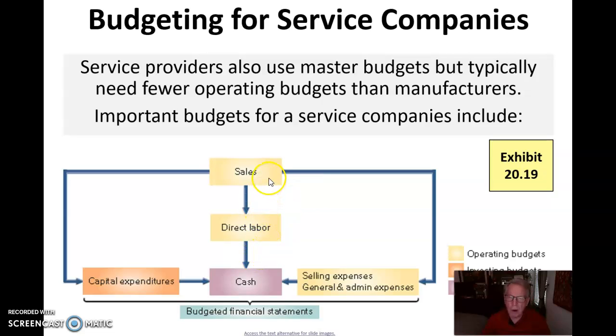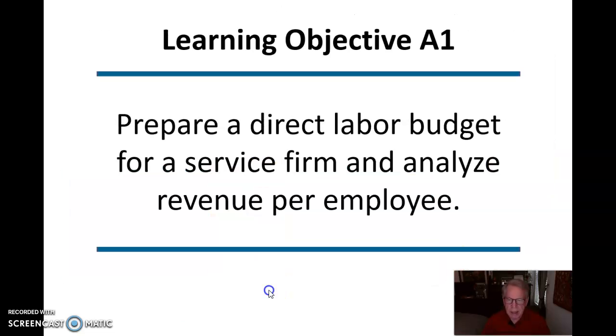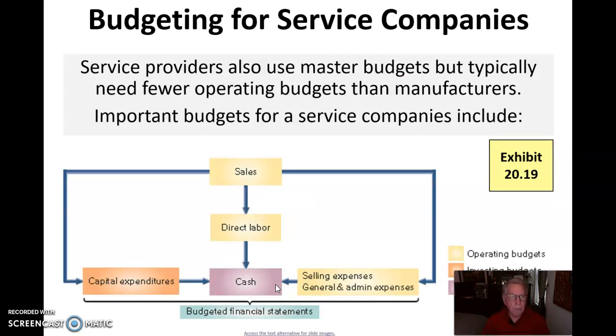So all they're talking about here is their sales, their direct labor, occasional capital expenditures, of course, and SG&A expenses, and a cash budget. And they call that cash budget a financing budget. And they call the capital expenditures an investing budget. Everything else is an operating budget.